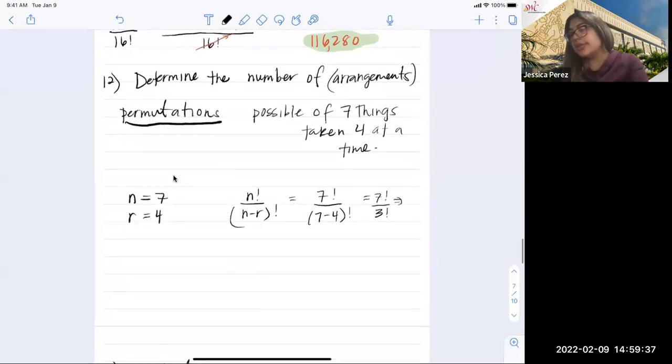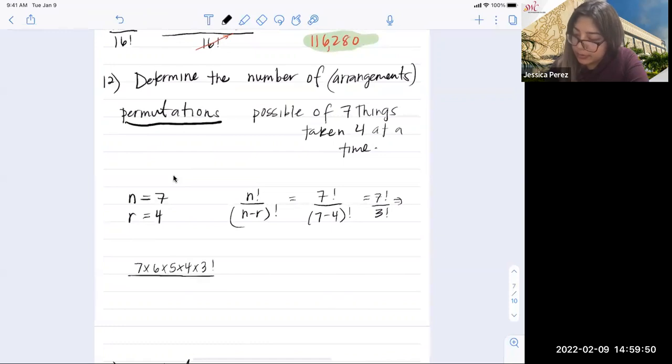Here nothing cancels, so you can go ahead and use your calculator, if you will. 7 factorial is 7 times 6 times 5 times 4 times 3 factorial, all over 3 factorial.